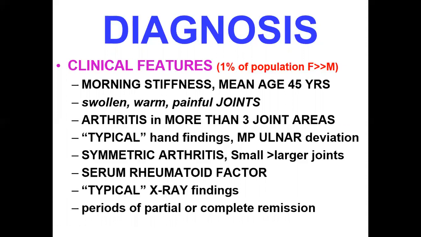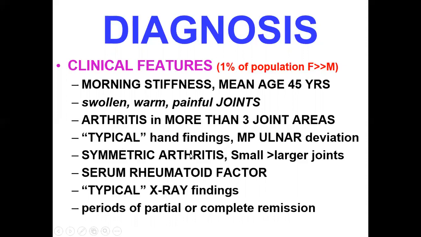That is, both sides of the hands, small joints and finger joints, are affected. The joints are swollen, warm, and painful. And there may be complications like ulnar deviation of the metacarpophalangeal joints.